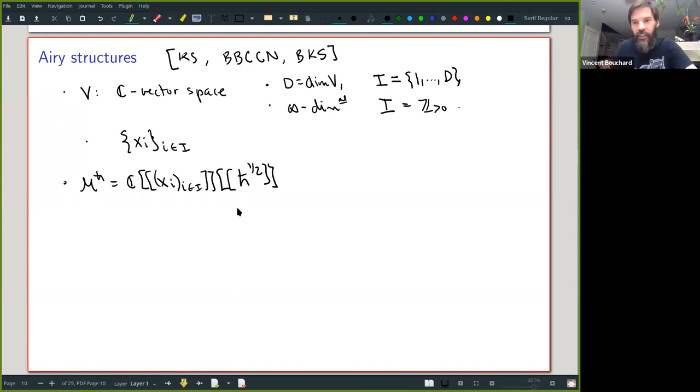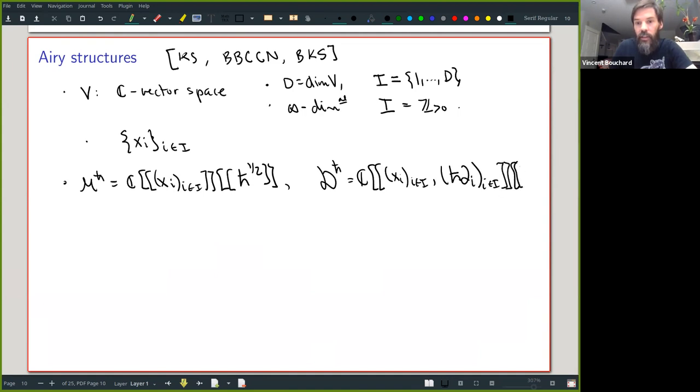We could redefine this as being h bar squared, but that's the traditional way of doing it that comes from quantum mechanics. So basically this is just the algebra of formal series in the coordinates x and h bar. And then I'll define the algebra of differential operators in these coordinates. So again, I have all my coordinates, and then derivatives, which will all come with a power of h bar.